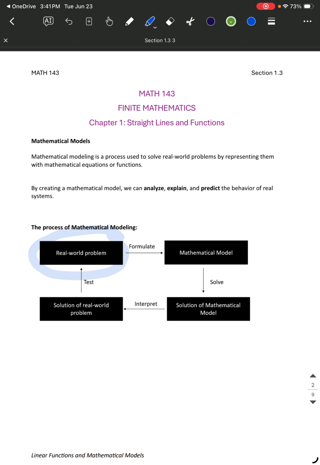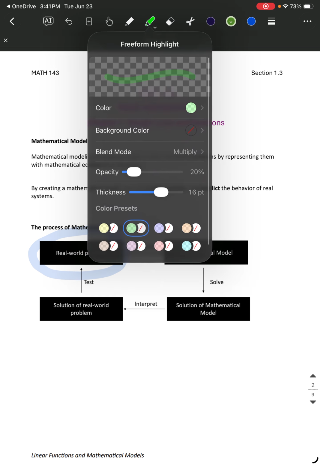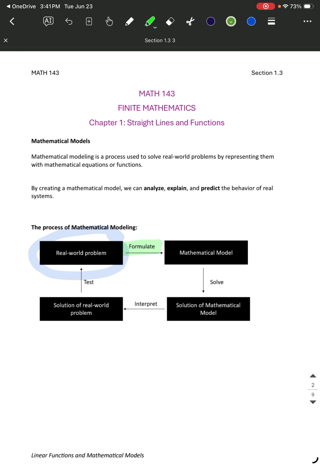Next, we formulate a mathematical model. Then we solve the mathematical model. And after that, we have the solution of that mathematical model.